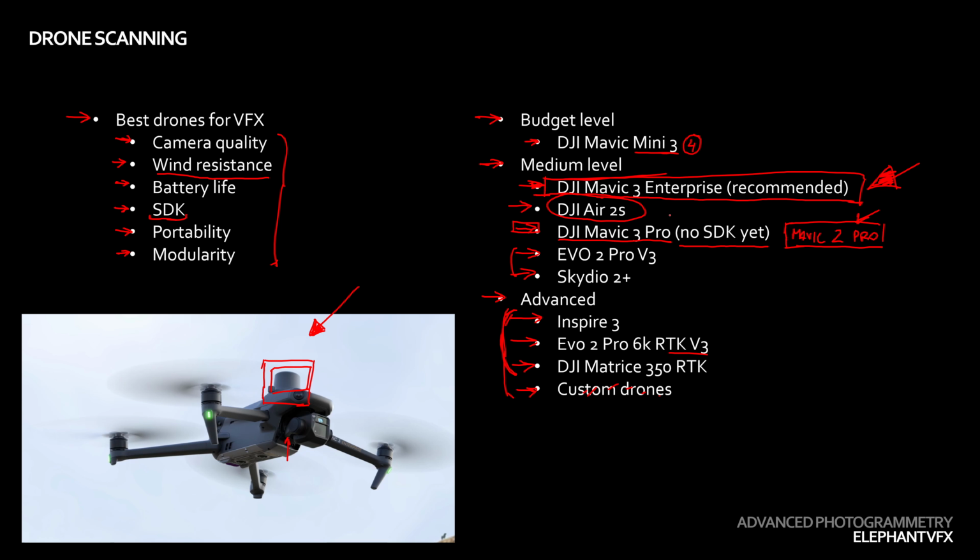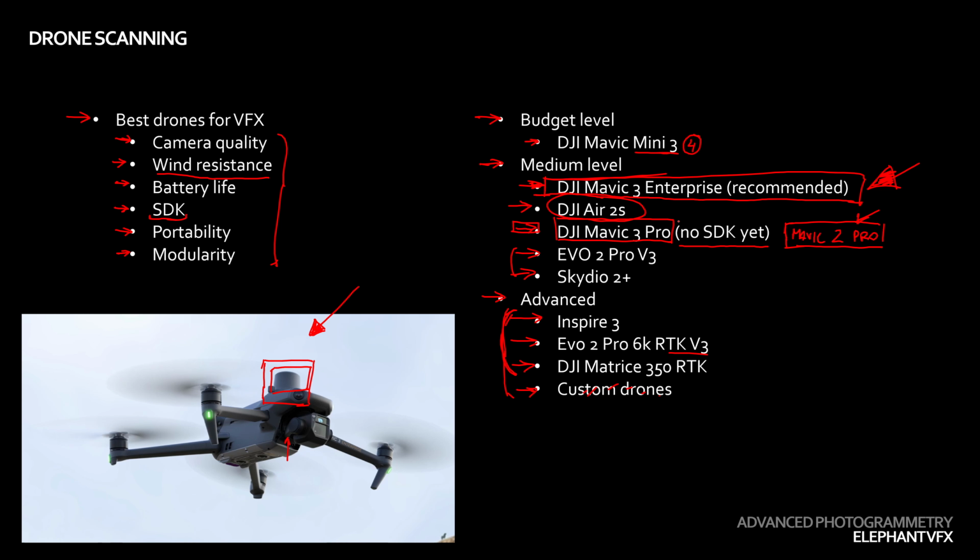And I really hope that DJI releases the SDK for the Mavic 3 Pro, because it's a great drone. I have 2 of them and I want to use them more. And again, I have this hack to program missions automatically that I'm going to show you later, but it's not the best thing.